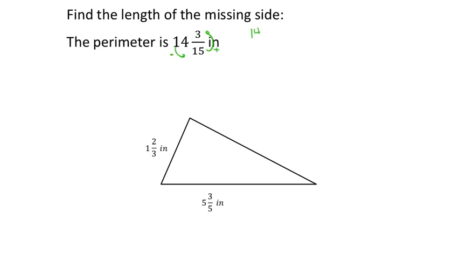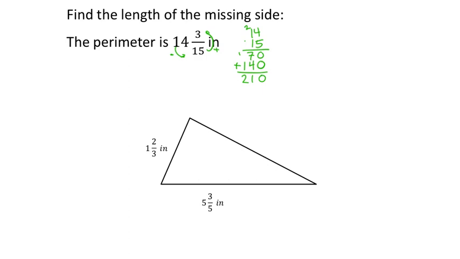So I'm going to have to do 14 times 15 here, so 5 times 4 is 20. Carry the 2, 5 times 1 is 5, but add the 2 makes that 7. And now in the tens place value, 1 times 4 is 4, 1 times 1 is 1. If I add these together, it'll give me the product of 14 and 15, but I still have to add the 3. So in the ones place value, 0 plus 0 is 0, 7 plus 4 is 11, carry the 1, 1 plus 1 is 2.